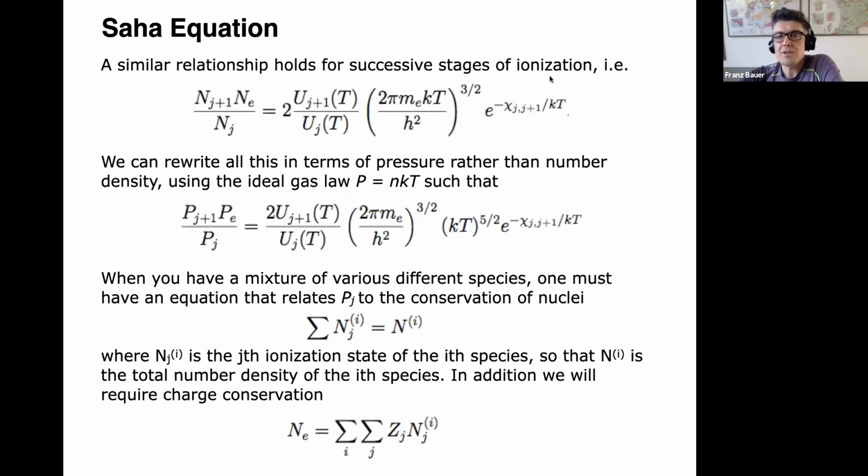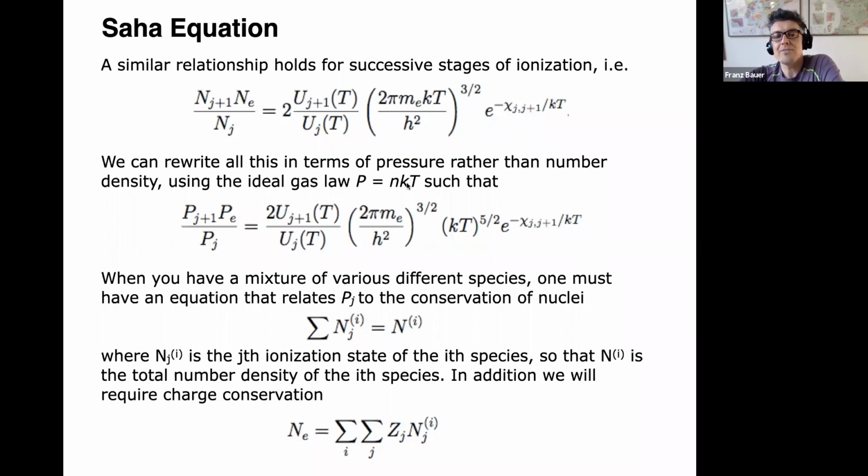You can rewrite all of this not in terms of the numbers, but in terms of the pressures, assuming an ideal gas law. And so then you could rewrite this as the pressure in this state versus the pressure in this state, and the pressure of electrons is again related to the partition functions.